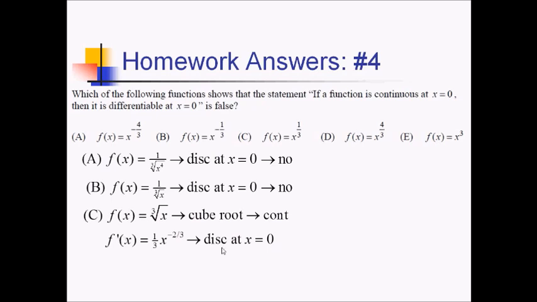It just has to have a limit that exists. So this is a maybe. This indicates that perhaps we're not differentiable at x equals 0. So let's check out the other two answer choices, and if we can't eliminate them, then we'll come back to this one and analyze it a little bit more deeply.